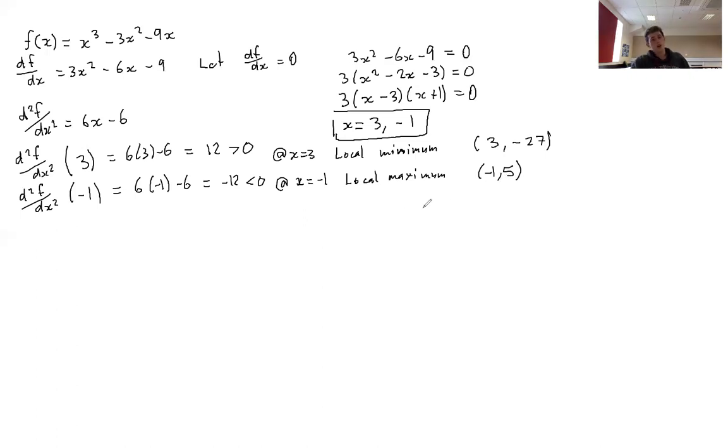Now we aren't quite finished with this problem. We can't quite sketch it yet because the question also asked us to find inflection points. To find an inflection point, we've already got the second derivative, but we simply need to set the second derivative equal to 0.